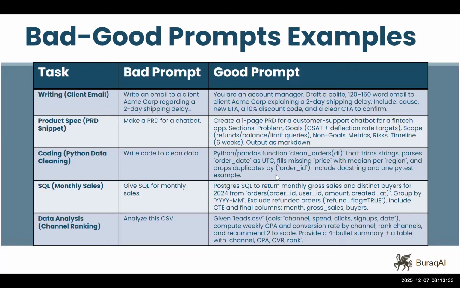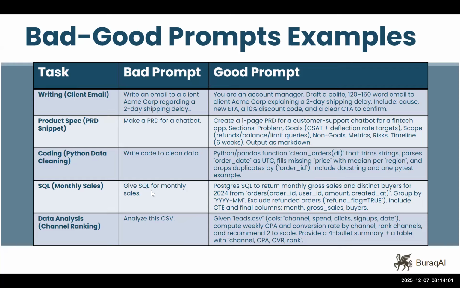So it will convert all of these requirements, or pseudocode, into the actual code in Python, very clear. Include a docstring and one PyTest example. So you're also including a docstring to explain what that method does, and also a test, one test case you want to generate using PyTest.